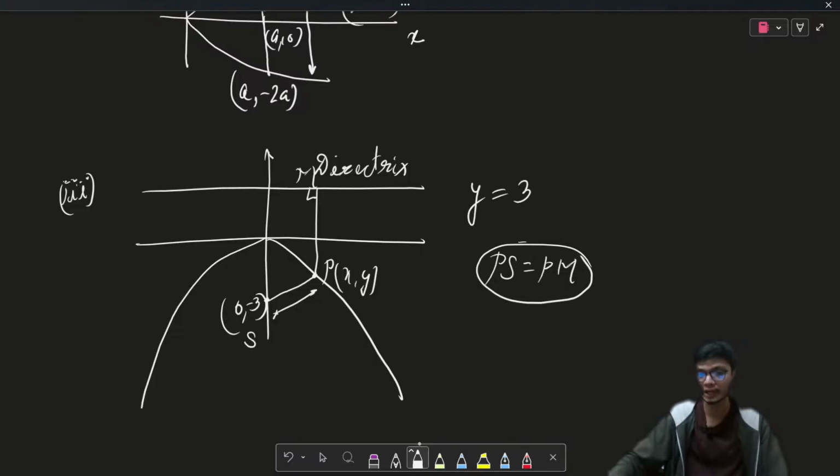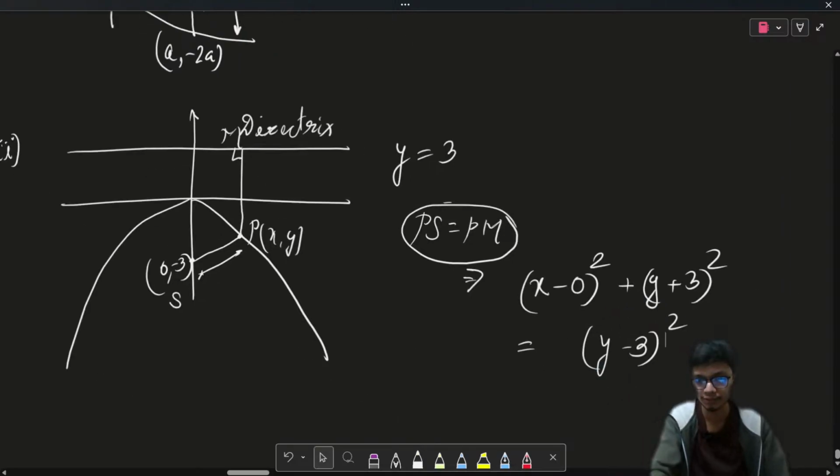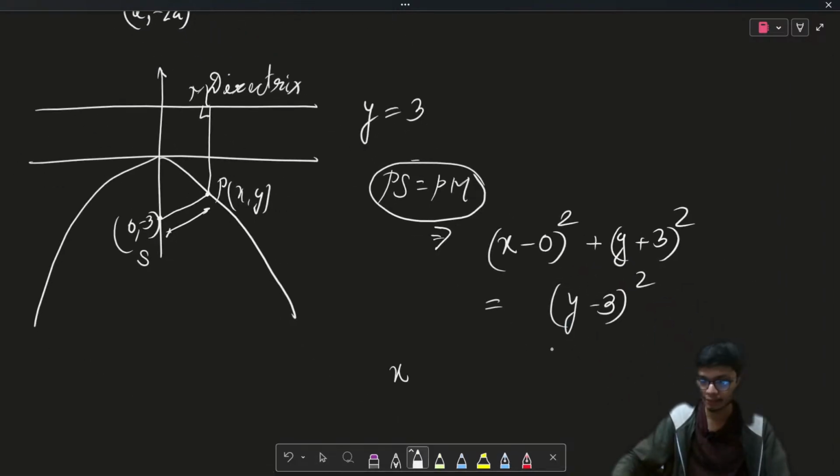If you satisfy this relation, you are easily able to get the equation. So the PS distance is equal to the directrix distance, which is y minus 3 whole square, because I'm taking the square on both sides. If I simplify this part, I get the equation of the parabola as y square is equal to minus 12 (x).